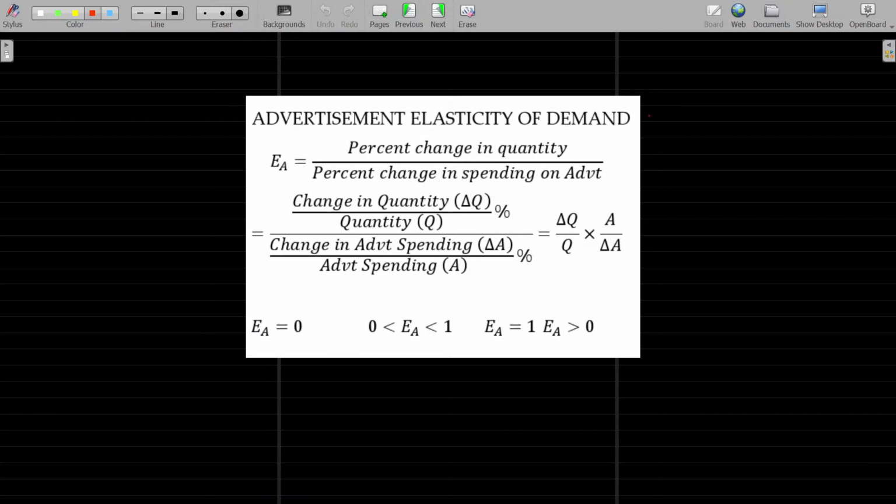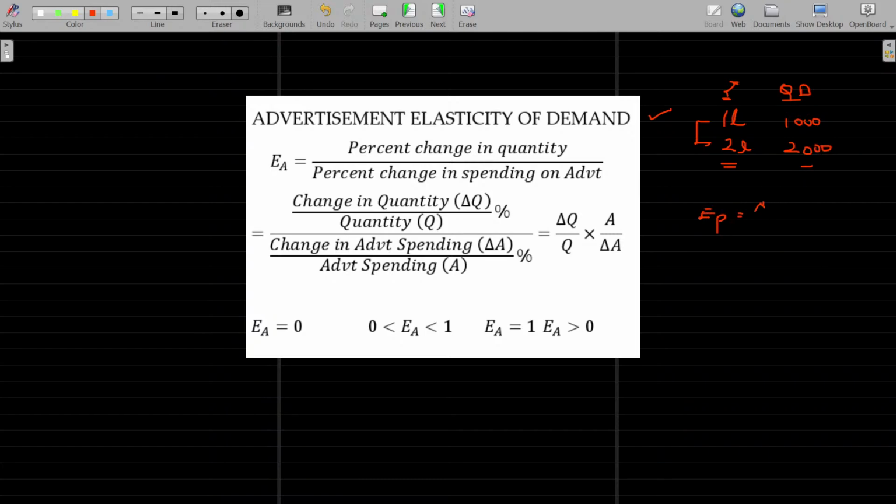Advertisement elasticity of demand. If the company spends 1 lakh rupees for advertisement, the quantity demanded could be say 1000. If they raise the spending for advertisement from 1 lakh to 2 lakhs, the quantity demanded also increases from 1000 to 2000. The same way, how do we calculate the price elasticity?